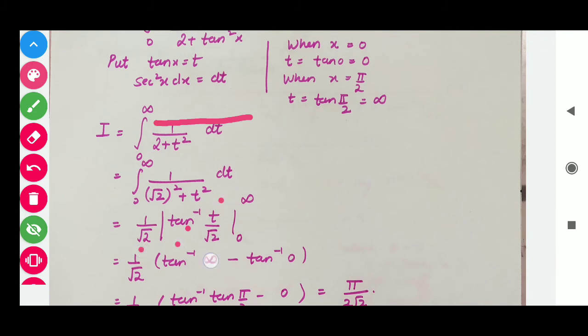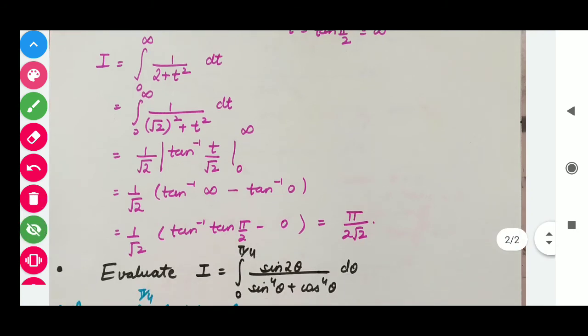So here x is t and a is under root 2. Now put the upper limit then lower limit, tan inverse infinity minus tan inverse 0, and we know that tan is infinity at 90 degrees, and tan inverse 0, tan 0 is at 0. So in this way we get pi by 2 multiplied with root 2. So our answer is pi over 2 root 2.